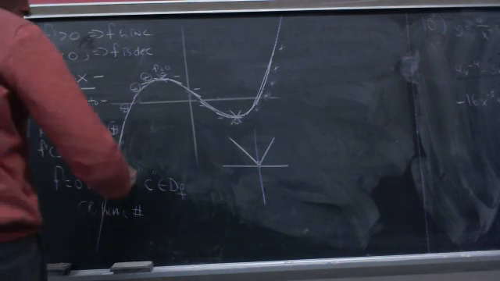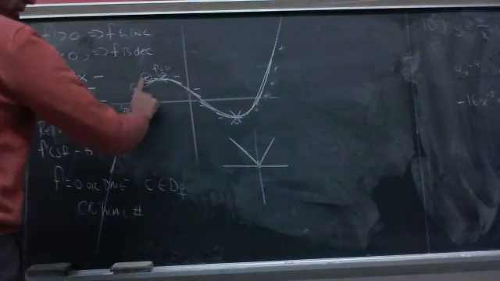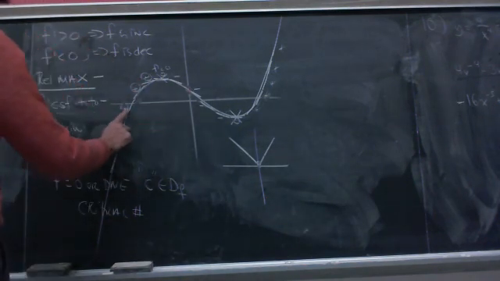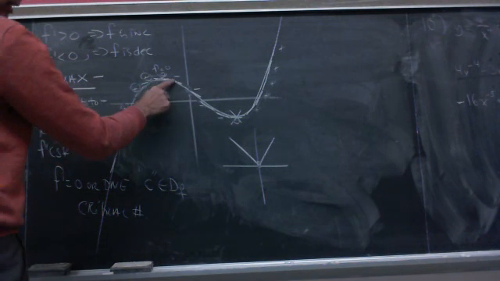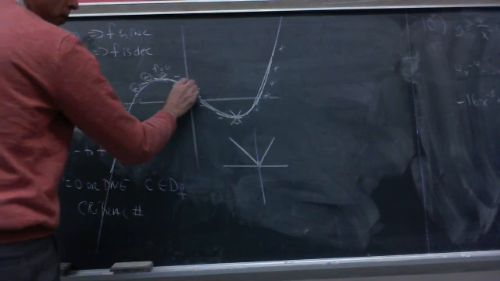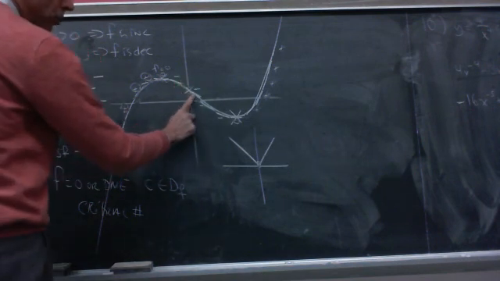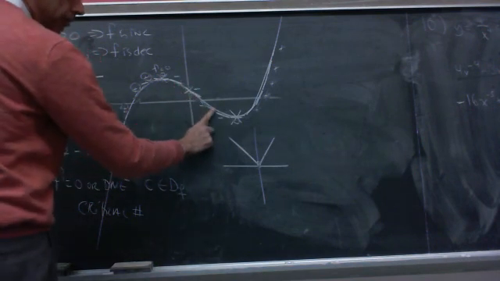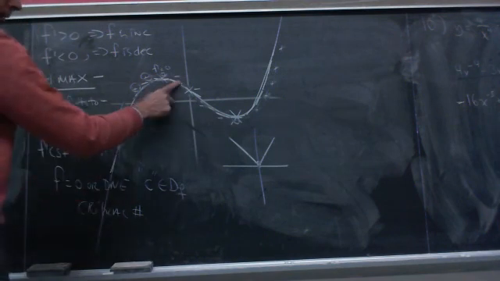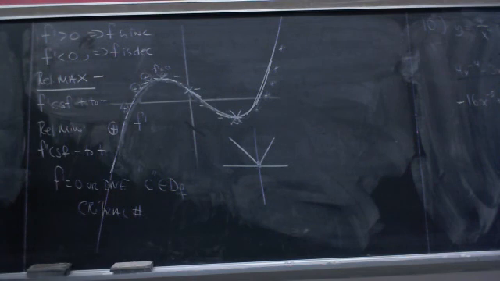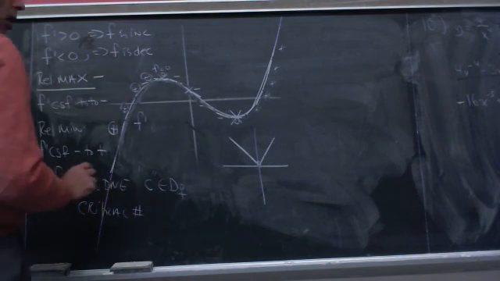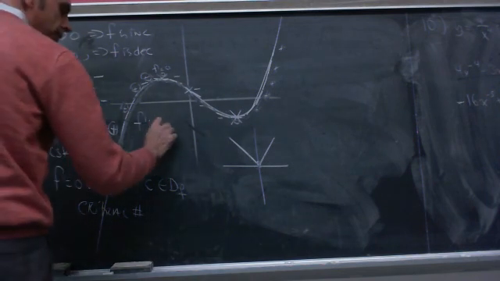Now, we would also notice that, say, from here to here, okay, the slopes are positive, and they're getting less positive, then 0, negative, negative, and maybe right about here, they start to get less negative. So from here to here, we would say that the slopes of the tangents, which are f primes, are decreasing.